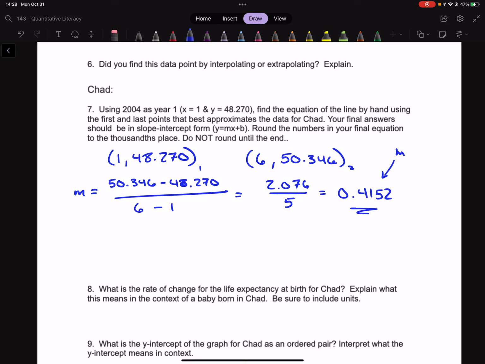Let's see, they want it in slope-intercept form, so we can use the point-slope form to get this. We're just going to use that first point for data. Oops, x minus 1, there we go. We distribute through here. I'm going to add 48.270 to both sides.